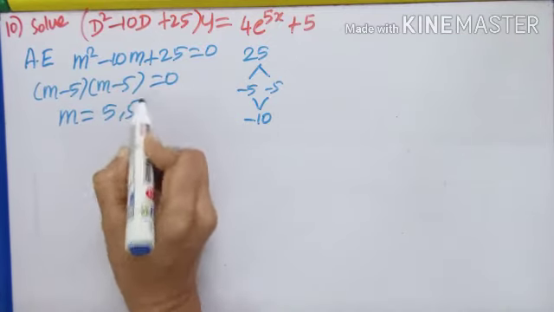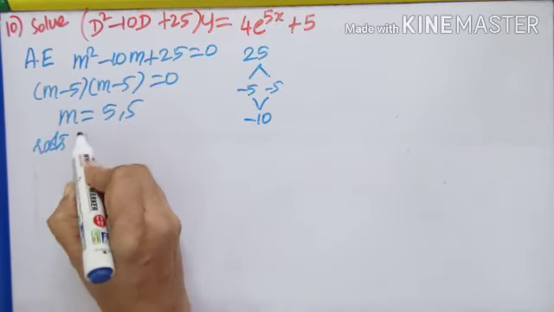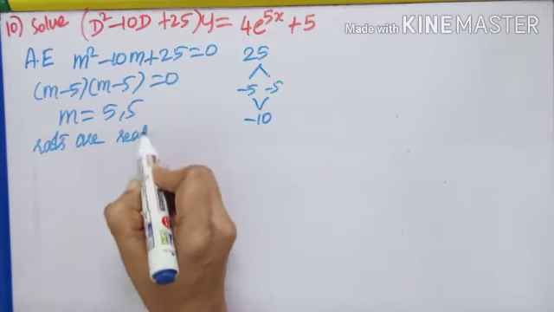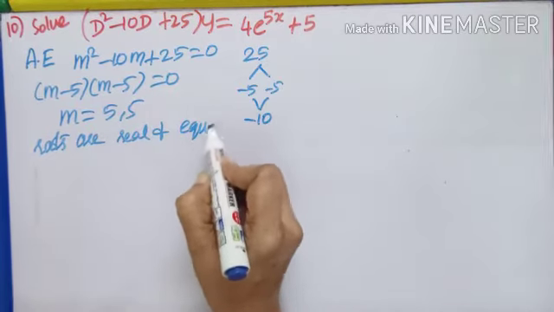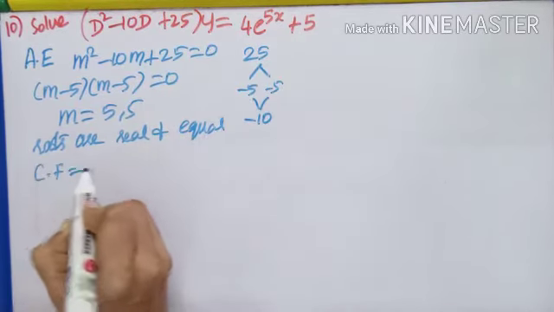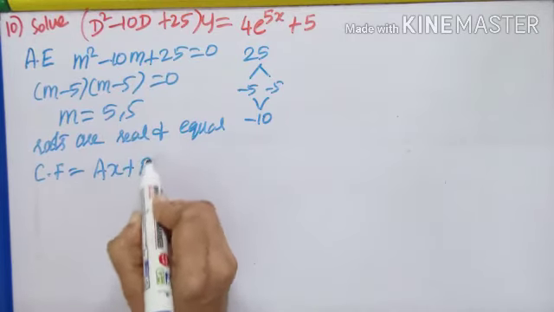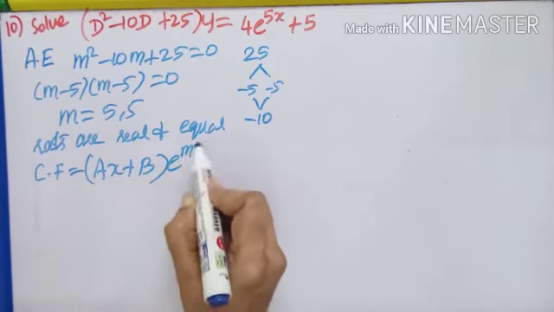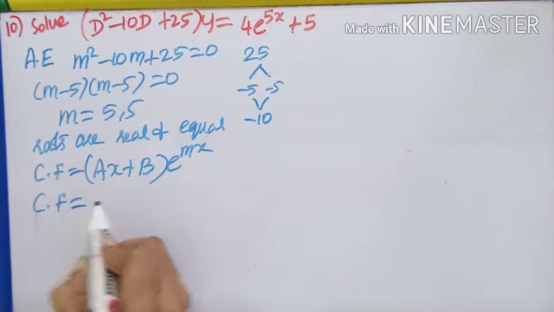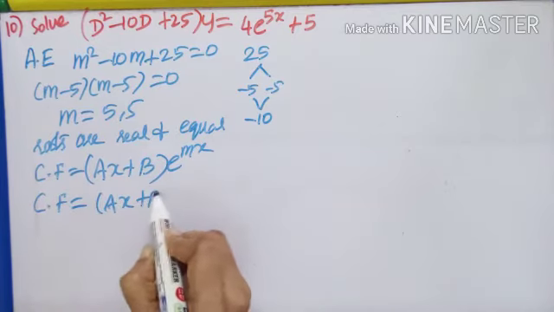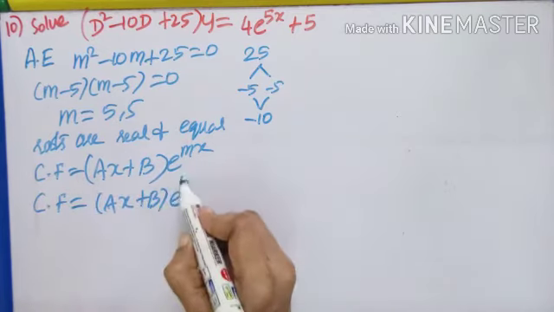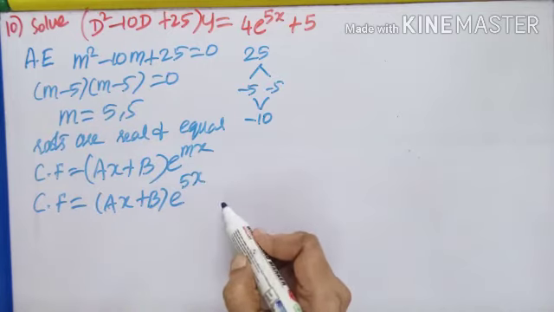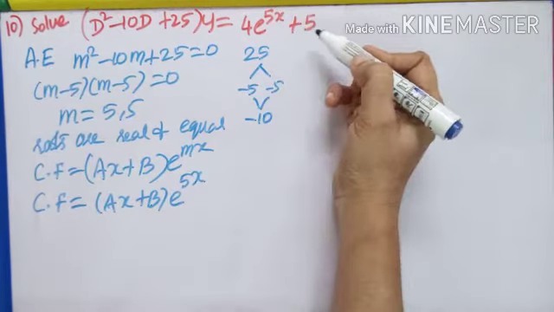M is equal to 5 comma 5. I can declare the roots are real and equal. Complementary function is ax plus b e power mx. That is ax plus b e power m is 5, so 5x. Now the RHS is having two terms.